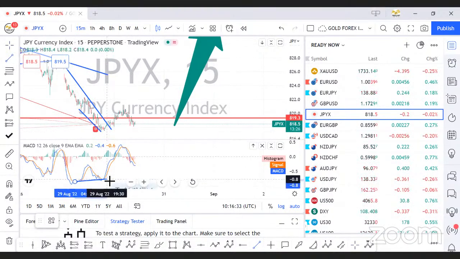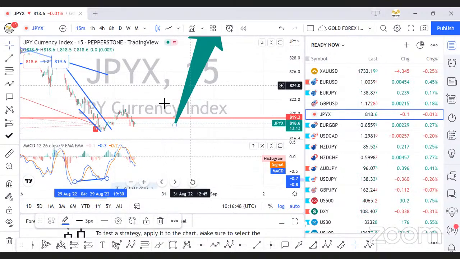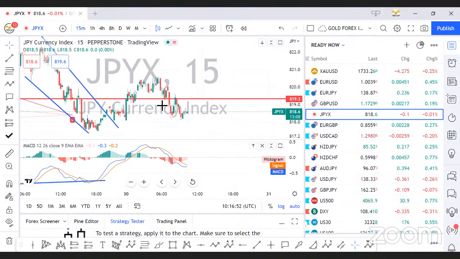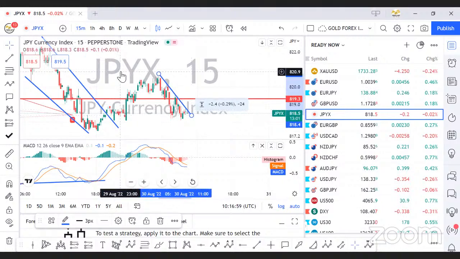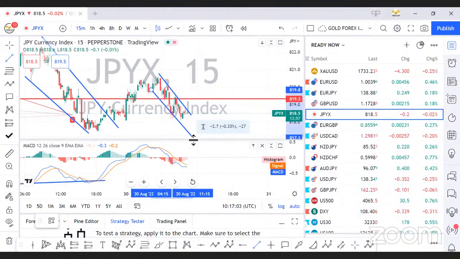It broke and gave us a retest of the zone. This one came down. So I'm expecting if this one should break up, should break this trend, then it's going to go up. All eyes on this level.